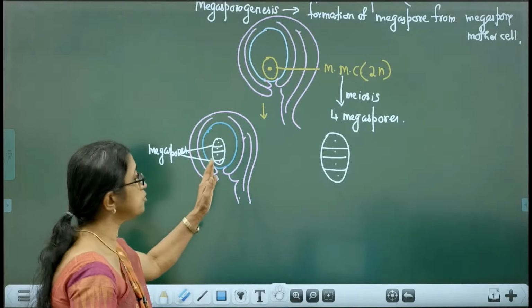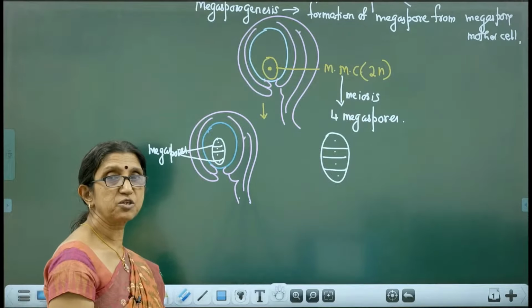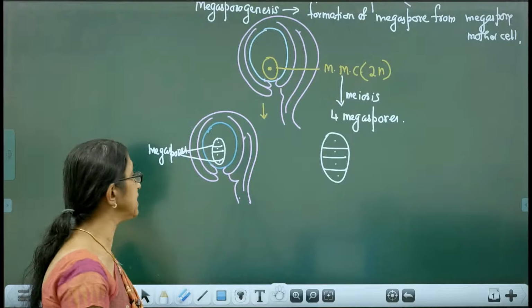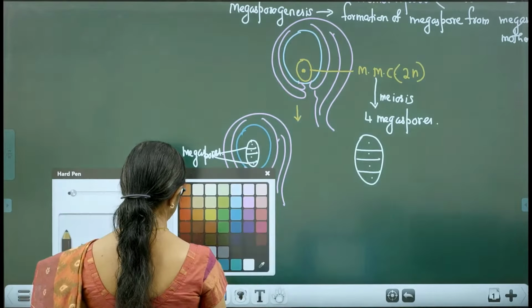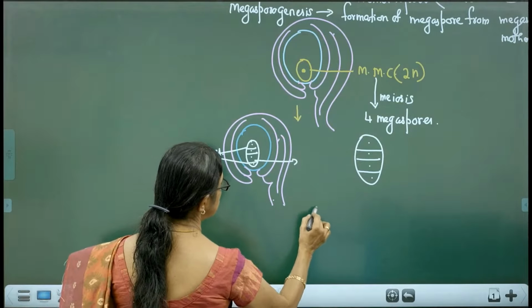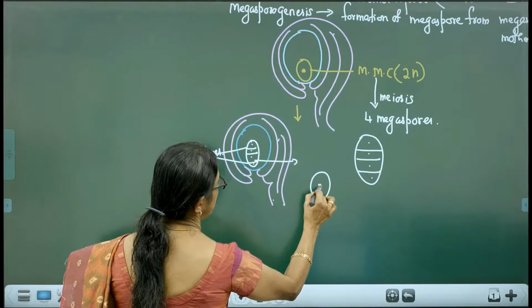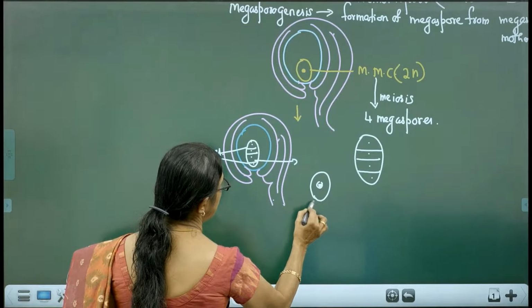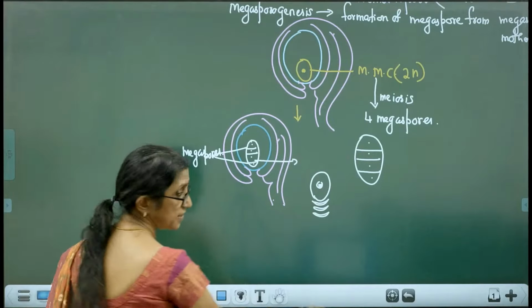Usually the cell towards the chalazal end remains functional and the rest of the 3 micropylar ones will degenerate. So let us take it out. The whole thing I am going to take out, and this is the functional one, and these are the degenerating megaspores.